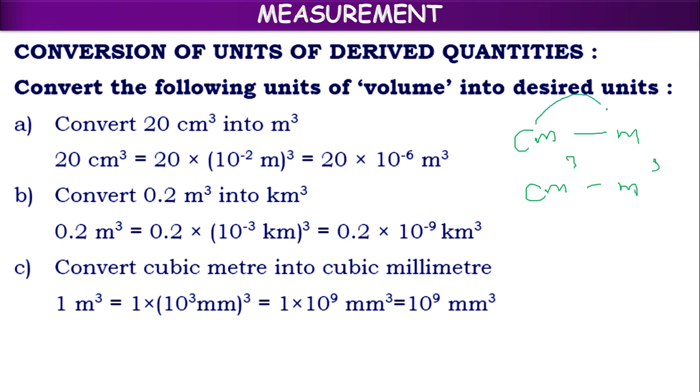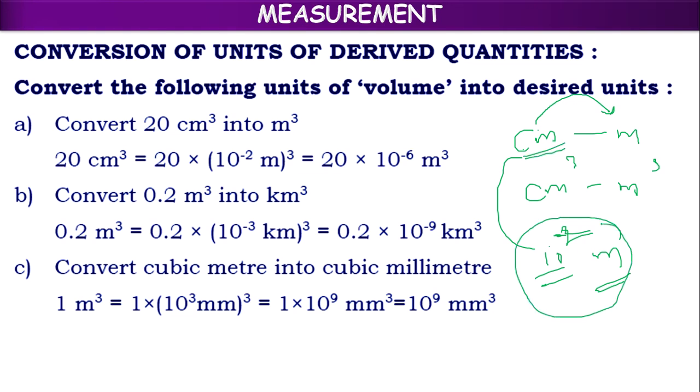How to convert centimeter to meter? Centi stands for 10 power minus 2. So in the place of centi, we can keep 10 power minus 2 meter, and meter stays the same. So 1 centimeter equals 10 power minus 2 meter.